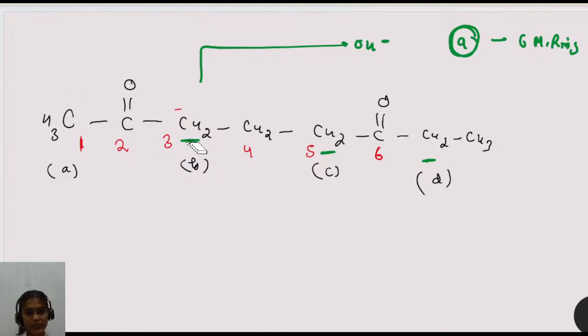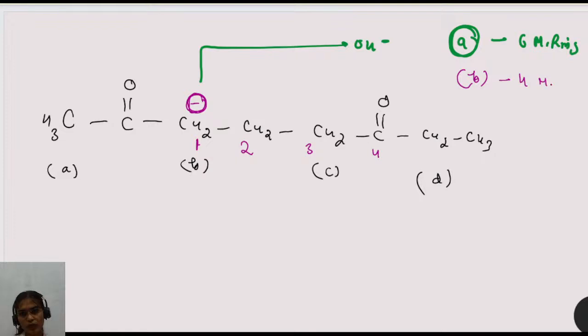Now let's discuss point number B, the hydrogen number B there. Again, let's start: carbon number 1, carbon number 2, carbon number 3, and carbon number 4. Come on, a 4 member ring is not stable. So if I'm starting with B, we end up with a 4 member ring, so it's not technically feasible.